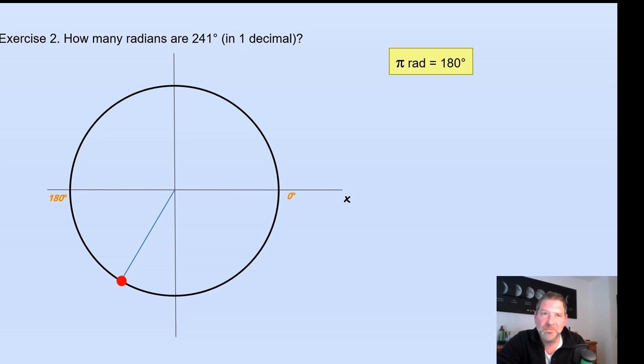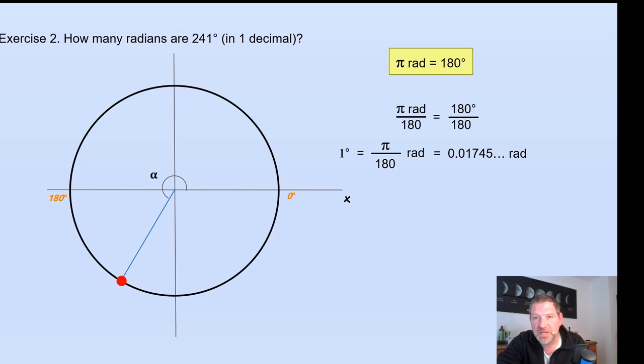Here's the next example. How many radians are 241 degrees in 1 decimal? Again, we start at the same point that we already know. Pi radians is 180 degrees. Now first we would like to know how many radians is 1 degree. So in order to get there, we need to divide both sides by 180, and then we would get 1 degree is pi divided by 180 radians.